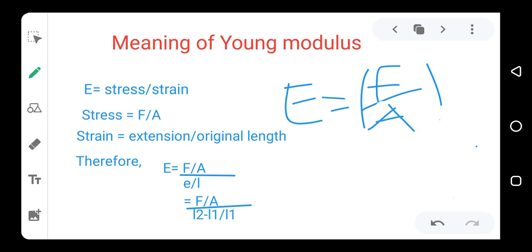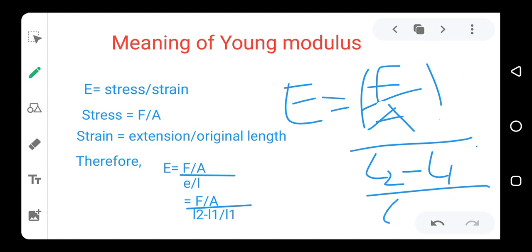Stress remains force over area. Now, if we are not given the extension directly but we are given the change in length, we can find the extension from the change in length by saying L2 minus L1 over L1, which represents our original length.